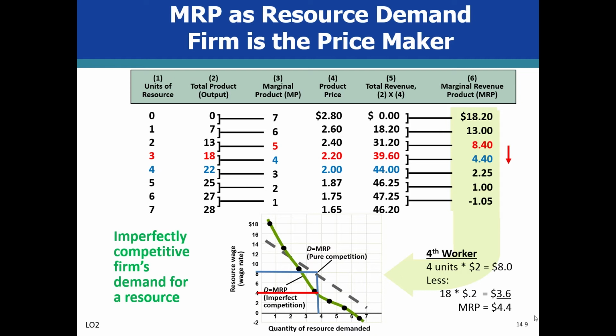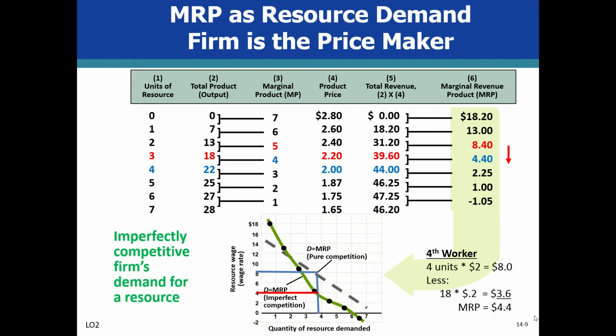That's the key here. You need to walk through and understand what I could get at 18 units and 3 workers selling at $2.20, generating a total revenue of $39.60 and having a marginal revenue product of $8.40.